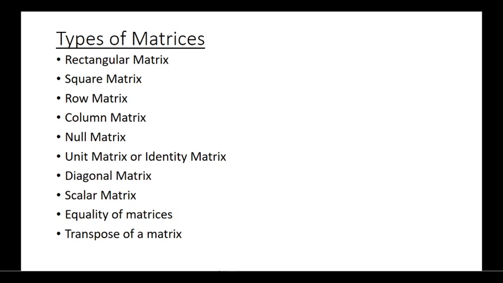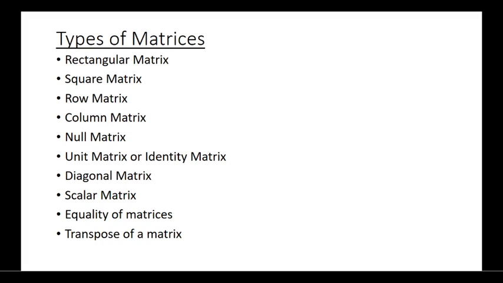Now we go for the square matrix. A square matrix is a matrix in which the number of rows is always equal to the number of columns. Suppose, for example, a matrix contains 2 rows, there should be 2 columns.